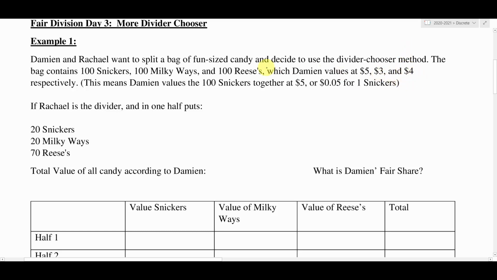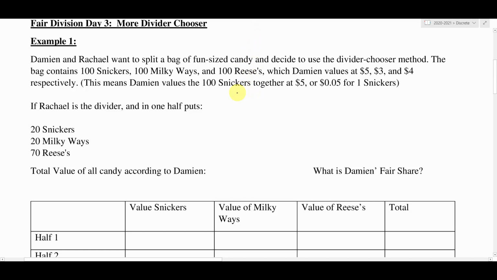So doing a quick conversion, the value for each one Snickers bar is about 5 cents, because we take 5 divided by 100 and we get 5 cents. When I look at these, I automatically think 5 cents, 3 cents, 4 cents, because there's 100 of each candy. So we know what value he places on these candies.